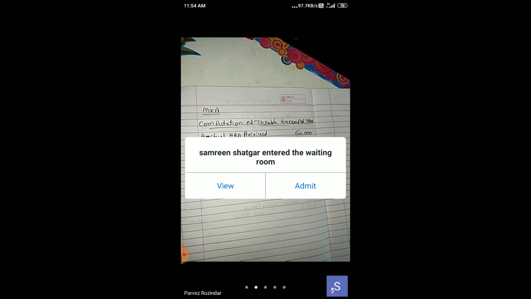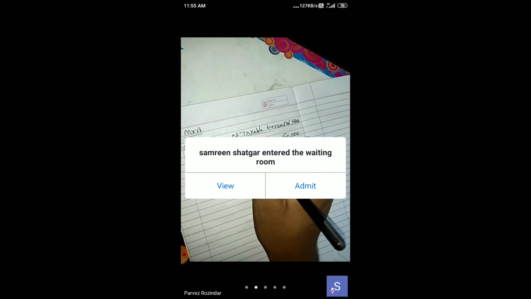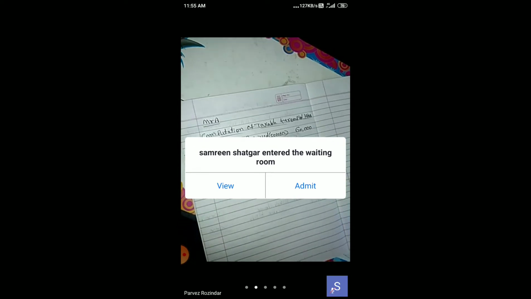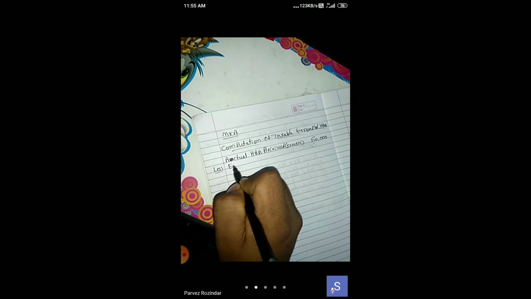If you see, his HRA is 5,000 rupees per month. Now 5,000 rupees into 12 we need to do, right? We need to calculate for the whole year. So actual HRA received is 5,000 into 12, 60,000. Now in this, less exempt.